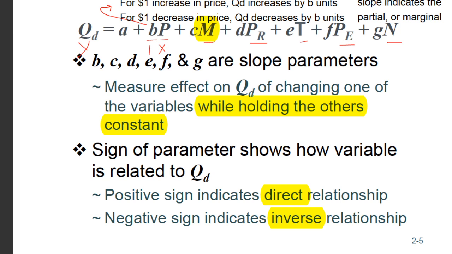So to find this, you could actually find this equation if you had all this data, if you had all this information for all these variables at the same time, in the same period of time.